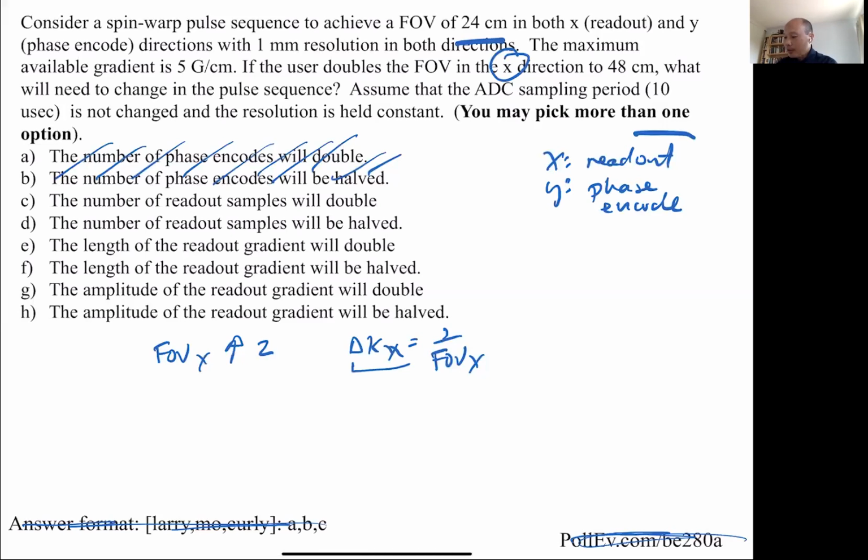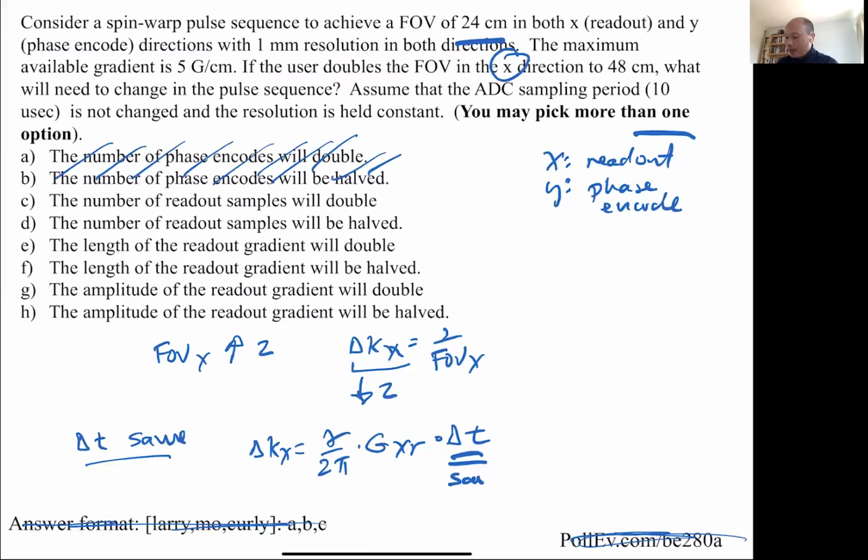We're also told that delta t is the same, and delta kx equals gamma over 2 pi times Gxr times delta t. So delta t stays the same, delta kx has gone down by a factor of 2, and therefore Gxr must also go down by a factor of 2. That means h would be correct, and the other would not be correct because you can't have it halve and double at the same time. So h would certainly be a correct answer.